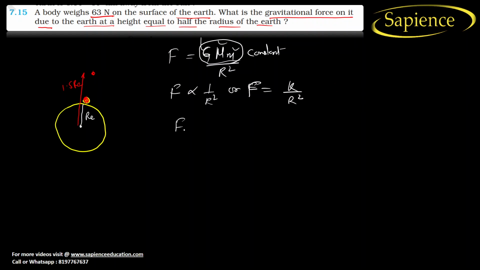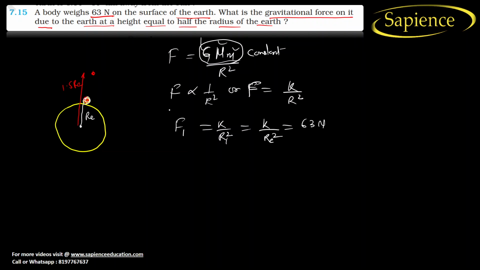Now F1 is equal to K by R1 whole square. This is case 1, where the object is at an RE distance, that is equal to K by RE whole square. And this F1 is how much? This is 63 Newton.